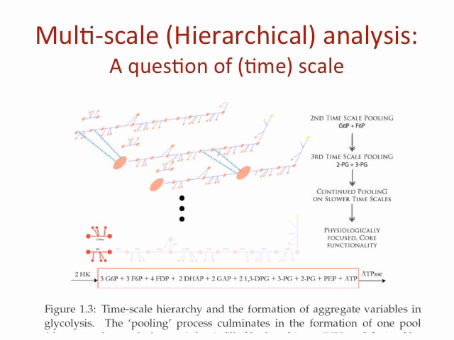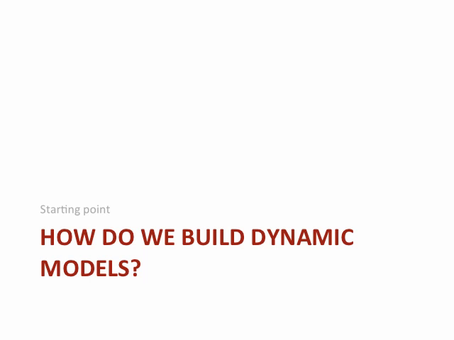So that's a highly lumped description of a very detailed biochemical process at a slow time scale. This description may be a little difficult to follow at this point, but as the class develops, you will gain an understanding of such hierarchical thinking. Now, how do we build dynamic models?